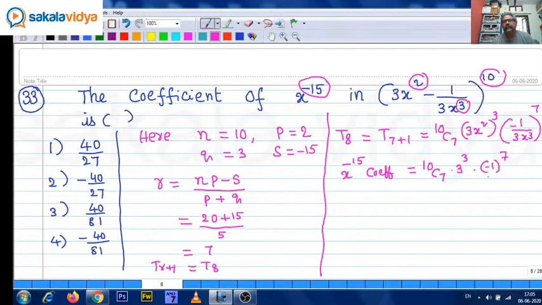This is very important: minus 1 to the power of an even number is plus 1, minus 1 to the power of an odd number is minus. You get minus only. This you need to write minus 10c3 into 3 cube means 27 into 1. So minus 10 into 9 into 8 upon 3 factorial, 3 factorial means 3 into 2 into 1, multiplied by 27.